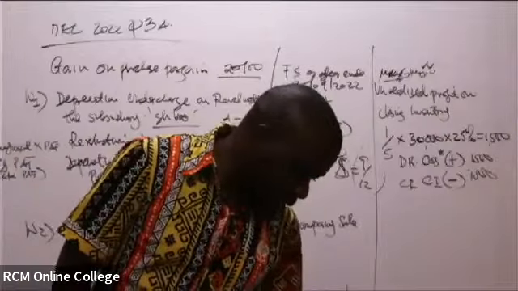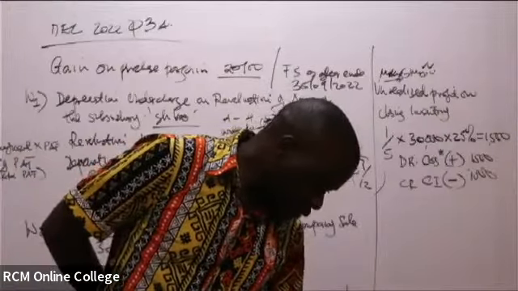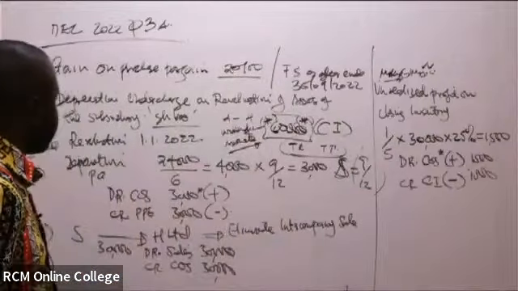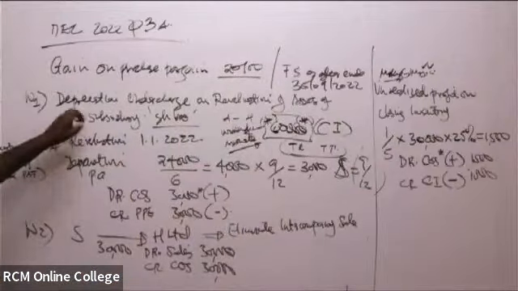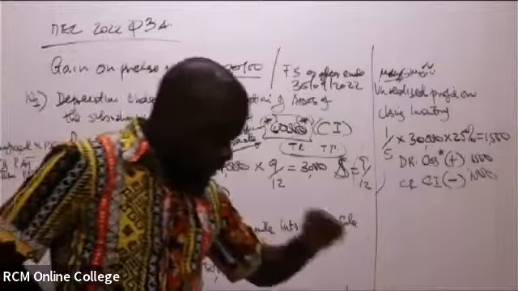So those are the items that you must consider. We talked about unrealized profits on closing inventory, depreciation undercharge on the revaluation of the assets, revaluation of the assets.